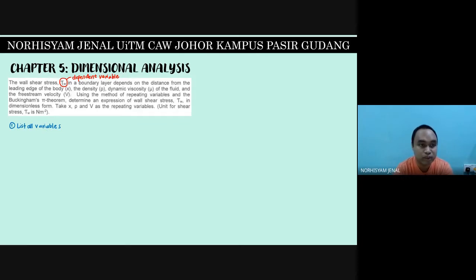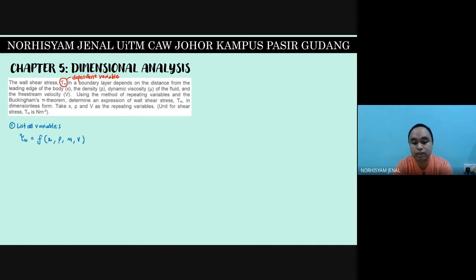So list all variables first. Your dependent variable, tau, or shear stress, is equal to a function of, right, and then the others, which is leading edge x, rho, mu, and also v.